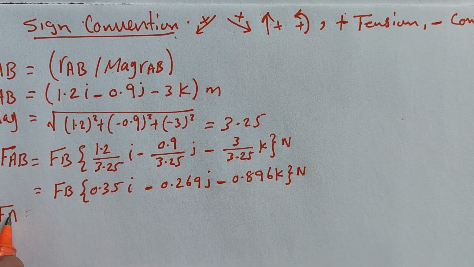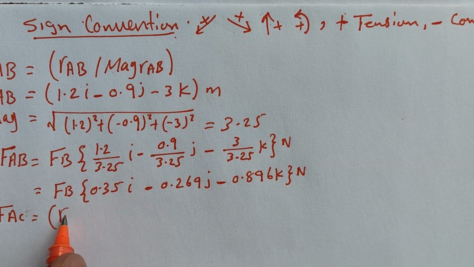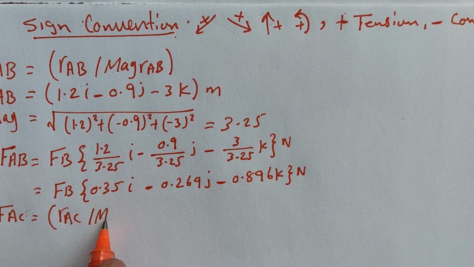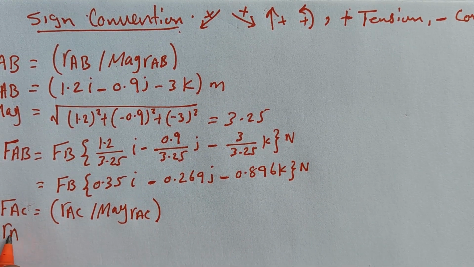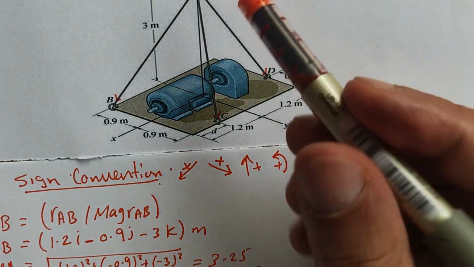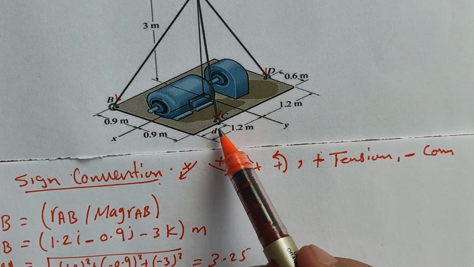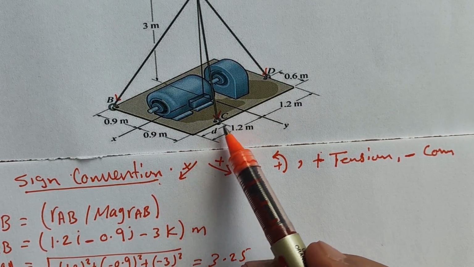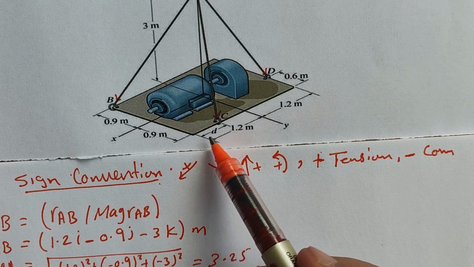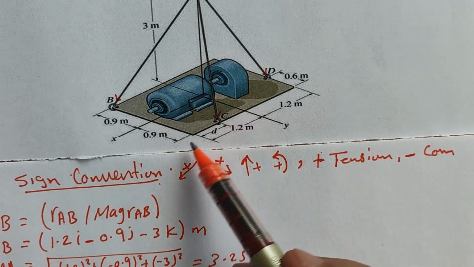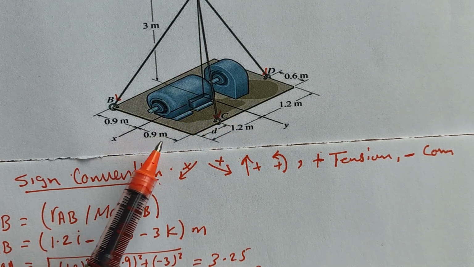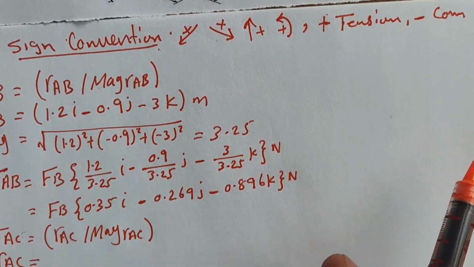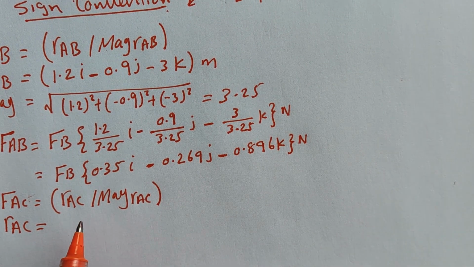So FAC equals the position vector of AC divided by the magnitude of that position vector. To find the position vector RAC, when we look here at the diagram for AC, if FD is 0.6, then 0.6 minus 1.2, it's 0.6 meters on the positive x-axis, and on the positive y-axis we move 0.9 meters, and again the z-axis is negative 3 meters because we are pulling downwards.